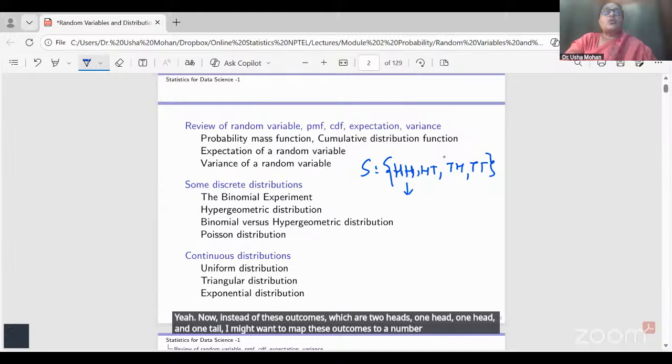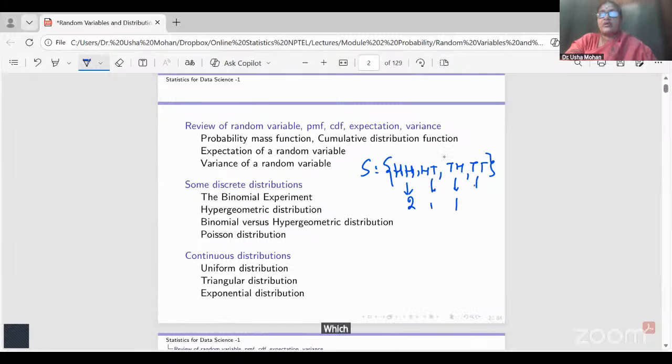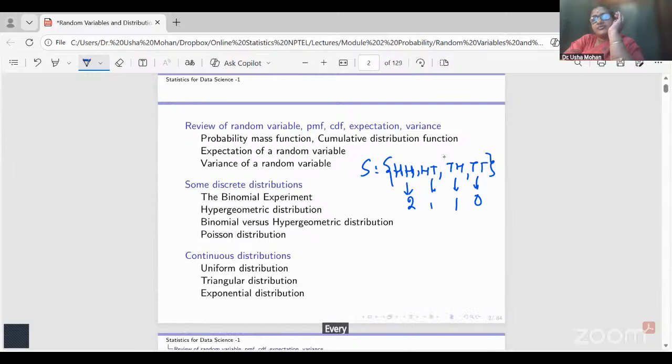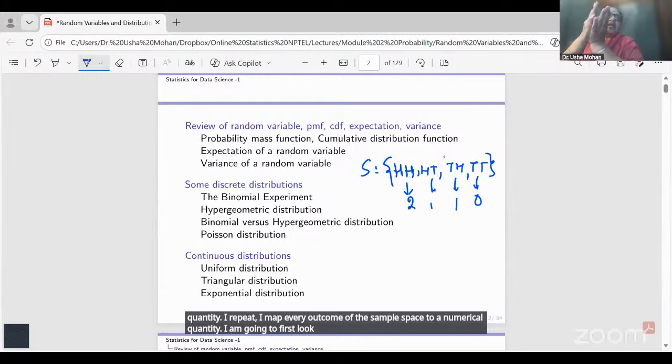I could count the number of heads, which is 2 here, 1 here, 1 here, and 0 here. In other words, I'm mapping every outcome of the sample space to a numerical quantity. I am going to first look at discrete and then we'll go into continuous random variables.